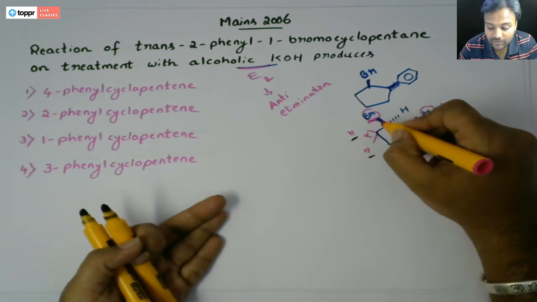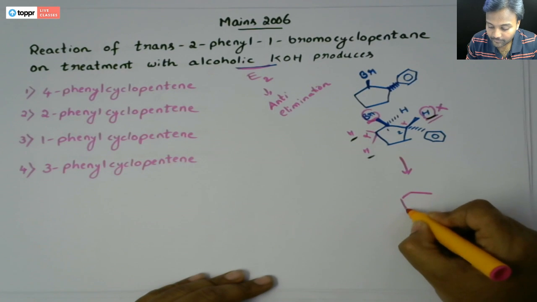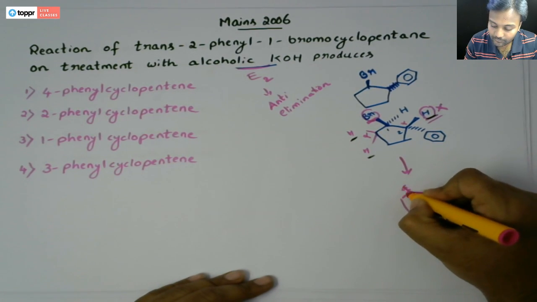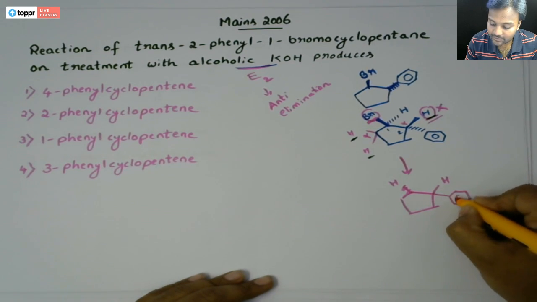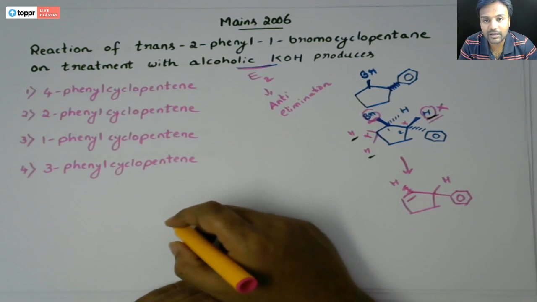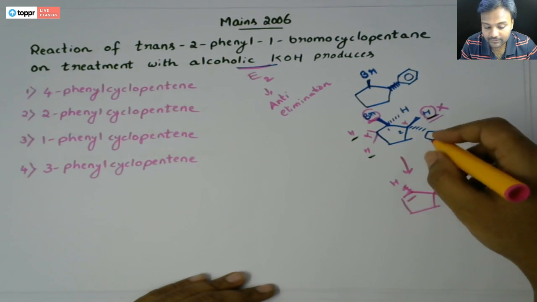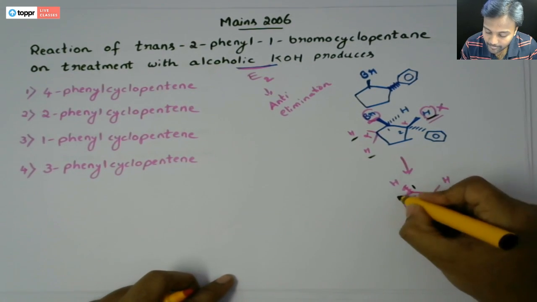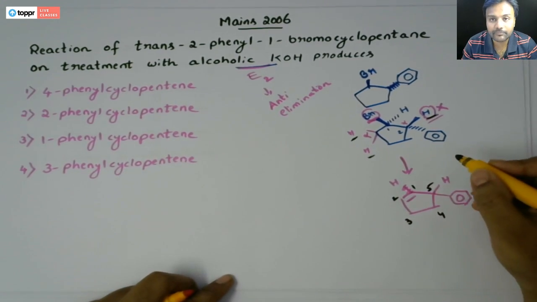You can eliminate the hydrogen which is present on your left side. If I eliminate that hydrogen, the other hydrogen remains intact, and then you have a double bond. So this is called, 1, 2, 3, 4, 5.